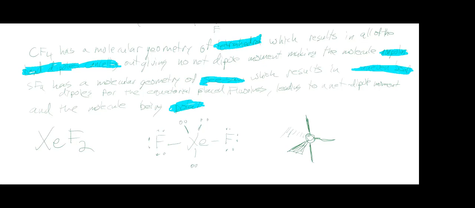The equator. Lone pairs, yeah. And so our fluorines are here. So we would see our electronegativity difference from that xenon to that fluorine. But as a molecule, is this polar or nonpolar?